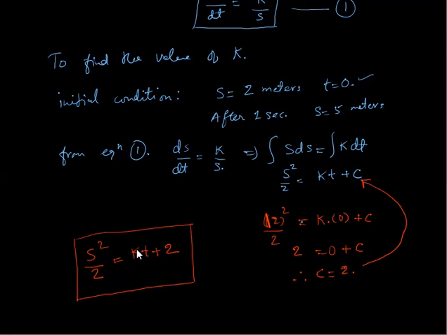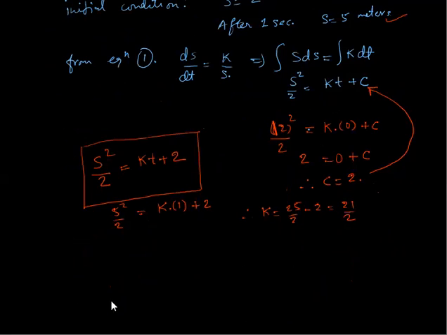Okay. Now we can find the value of k from this second condition, after t equals 1 second. So if I plug in t equals 1 second, I'll get k into 1 plus 2. Displacement is 5 meters. So 5 square divided by 2. So therefore, k is equal to 25 by 2 minus 2, which is 21 by 2. So we got the value of k as 21 by 2.